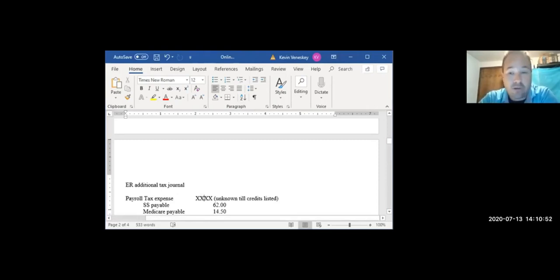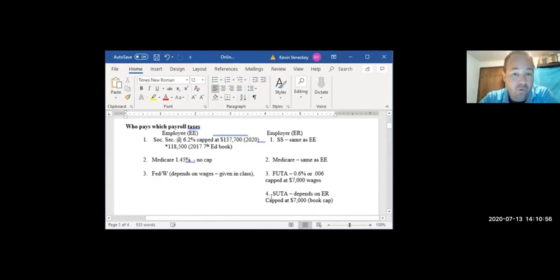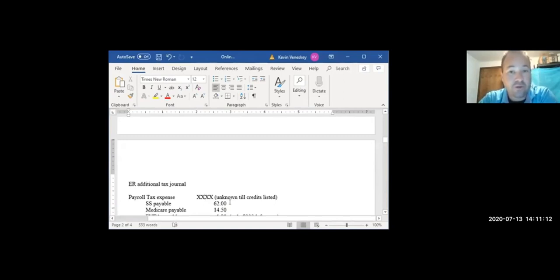So remember, if we go back up to my little cheat sheet here, the 4 things that the employer has to pay in addition to what the employee pays. Social Security and Medicare are exactly the same. So I'm going to credit those: another $62 that I owe Social Security and another $14.50 that I owe Medicare.